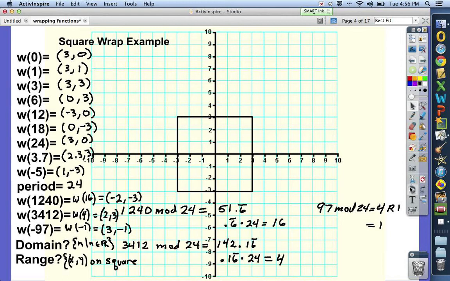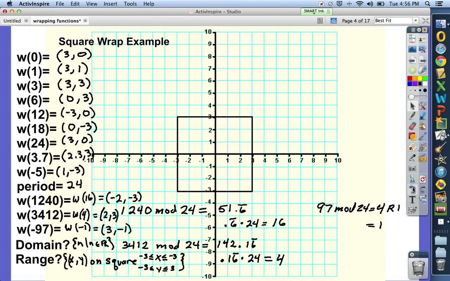So that's kind of tricky to write. So we'll just write it as the set of x comma y's, meaning the ordered pairs, x and y coordinates, on the square. And we might want to just note that -3 would have to be less than or equal to x, which is less than or equal to 3. So in other words, the largest and smallest values of x's are given. And the same thing with the y values.